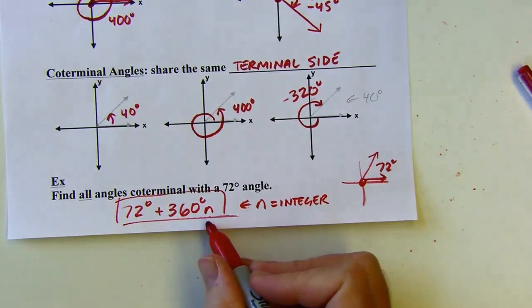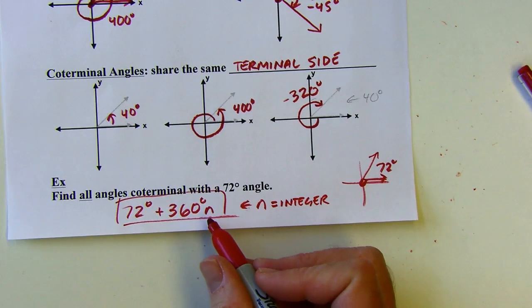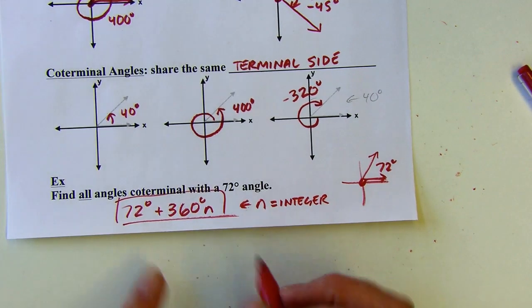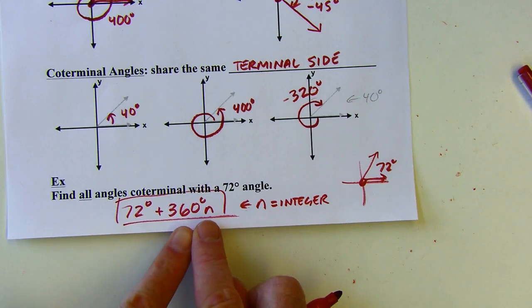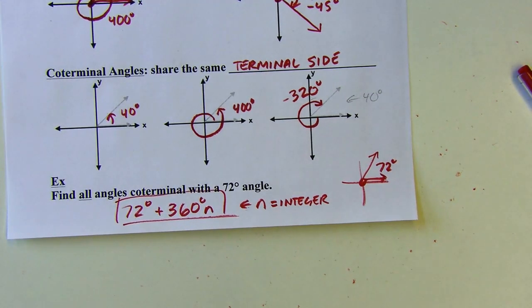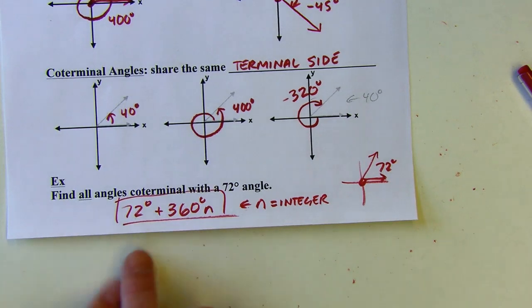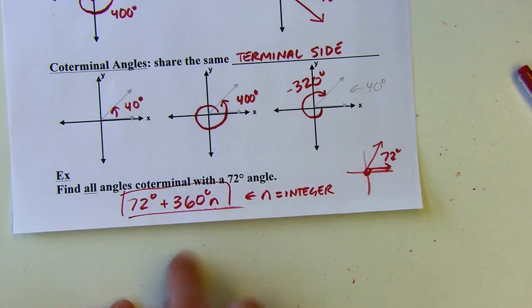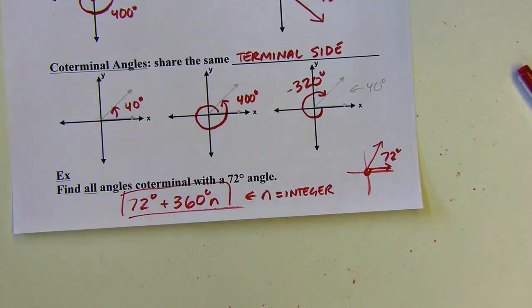So n could be positive 1, 2, 3, 4 or whatever, or it could be negative 1, 2, 3, 4, and that just means I'm doing some multiple of full spins either in the positive or negative direction. If you wanted to make an actual list, you could start plugging in 1, 2, 3, 4, but it's an infinitely long list, right? So this is a nice, concise way to list all of them.